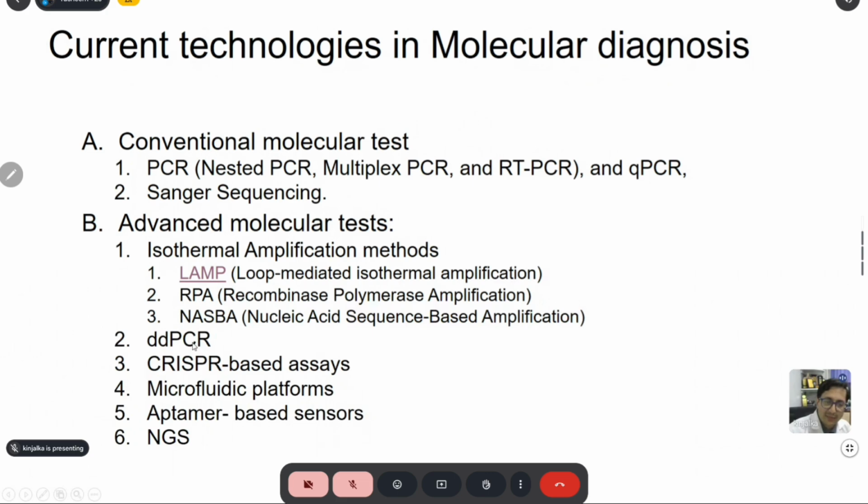Then you have digital droplet PCR, CRISPR-based assays, and all of this can then be engineered into something as small as a microfluidic platform, giving rise to your point of care devices, right? And next generation sequencing. So we'll look at them one by one.